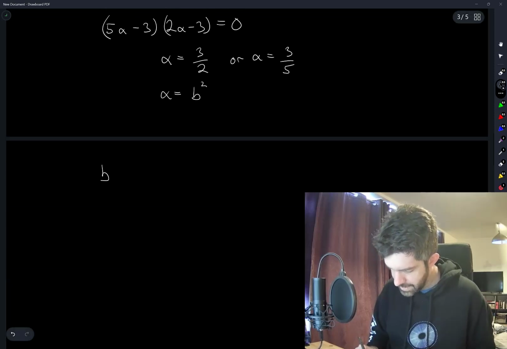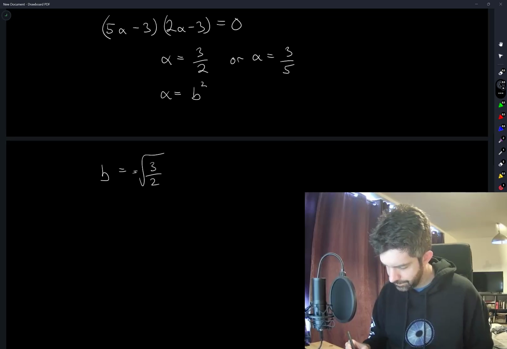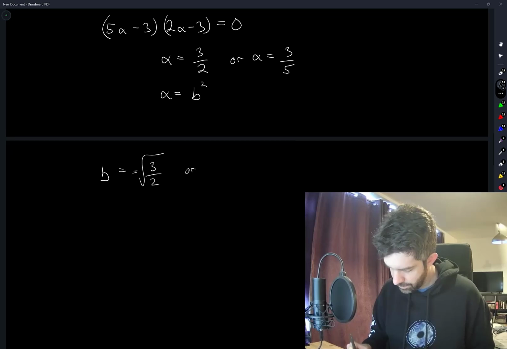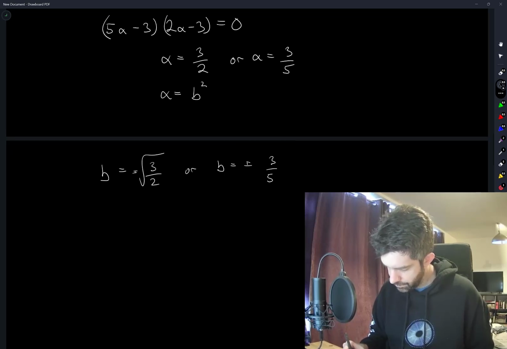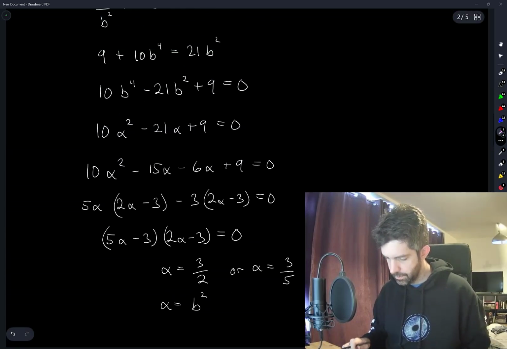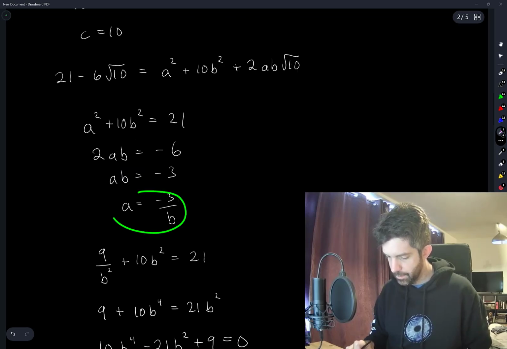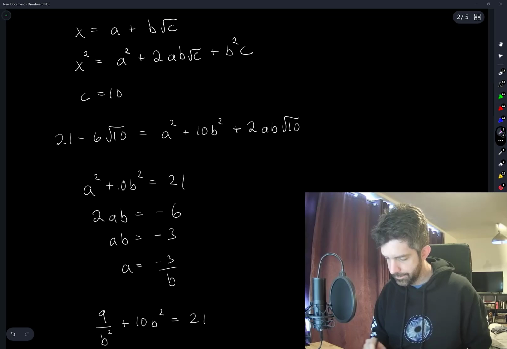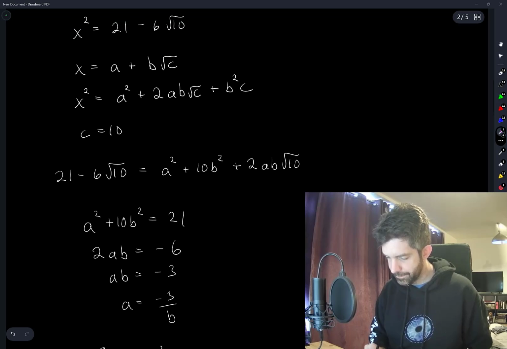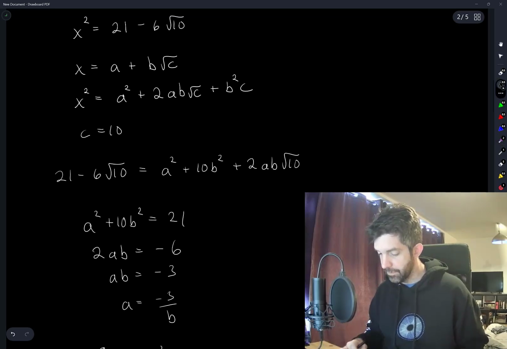So this says that b is equal to plus or minus root 3 over 2, or b is equal to plus or minus root 3 over 5. I'm hoping that now that I have b, I have a, when I substitute those back into here, some kind of cancellations end up giving me the same thing.